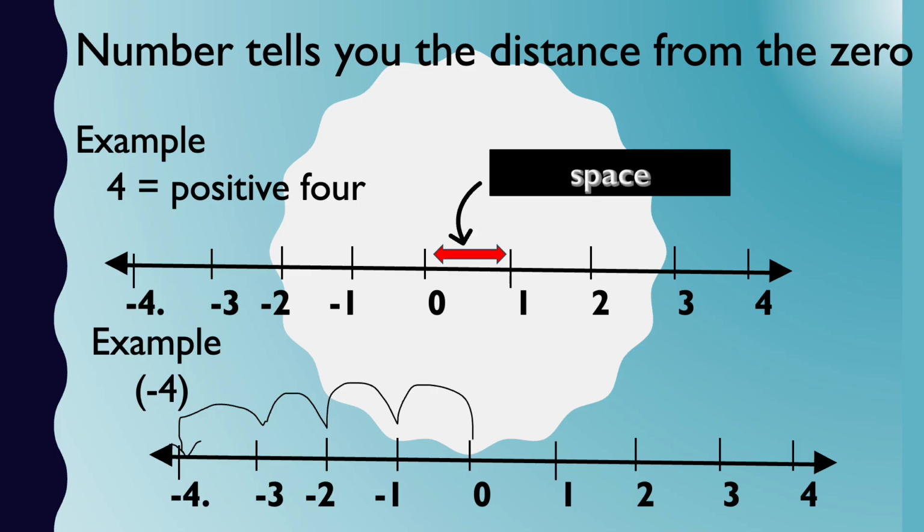For example, take the number 4. Remember, if there is no sign, this 4 always means positive 4. If it is a positive 4, it must be on the right side. We know that.